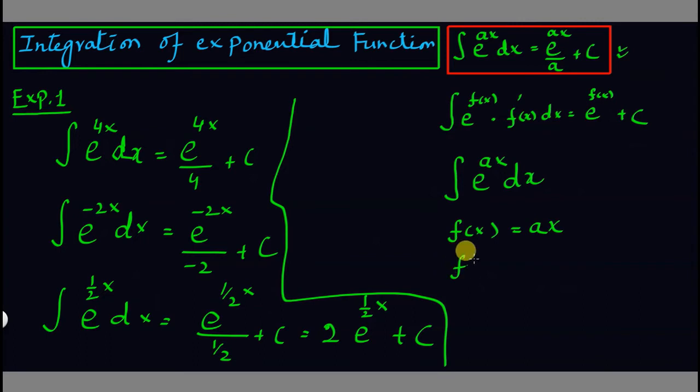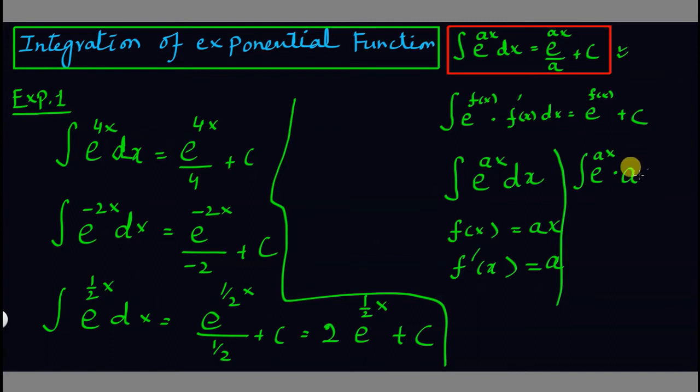If we take the first derivative of this function, you will get a. It means if you substitute these values into the given formula, then you will get e raised to power ax, and the derivative is a.